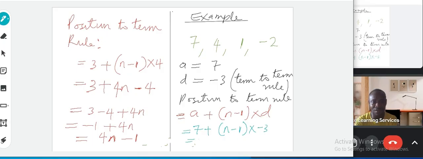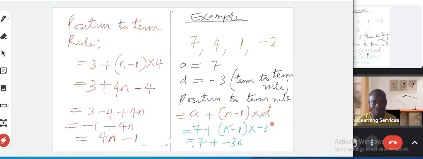Okay, so let's go. That gives us 7 plus. What is minus 3 times n? That's minus 3n, isn't it? So times minus 3 plus minus 3n. And what is minus 3 times minus 1?